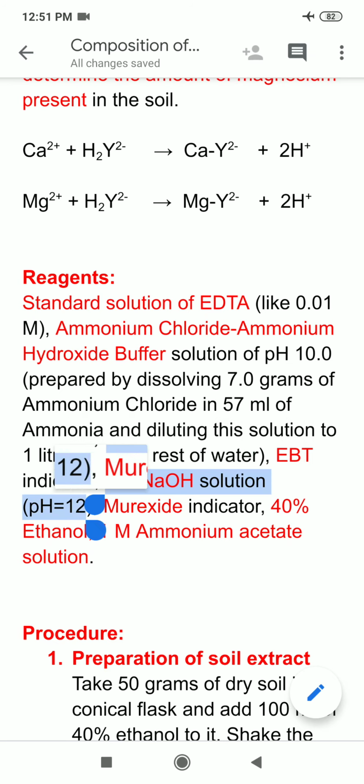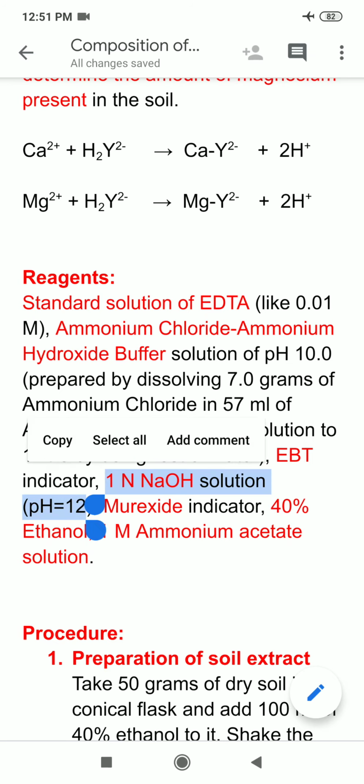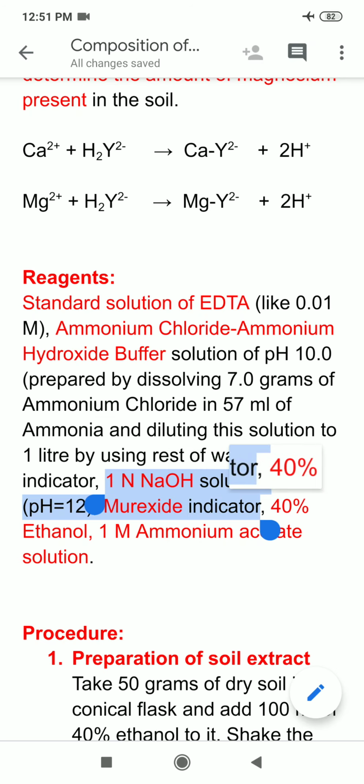This will have a pH equal to 12, and we will need murexide indicator.